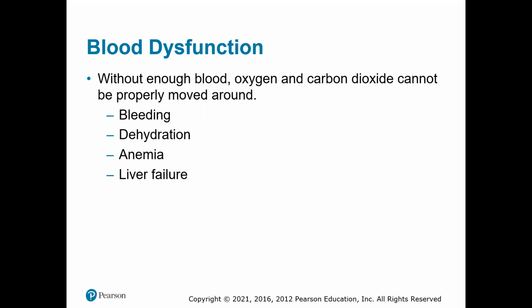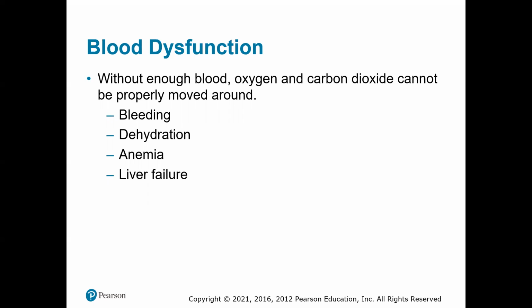Blood dysfunction. Without enough blood, you can't move oxygen around, you can't get rid of the carbon dioxide, and you can't function with the appropriate energy. Things will start to malfunction and eventually die. This could be caused by bleeding, so the lack of blood. It could be due to dehydration, and there's a lack of blood or a lack of area to hold the cells that carry the oxygen and carbon dioxide.